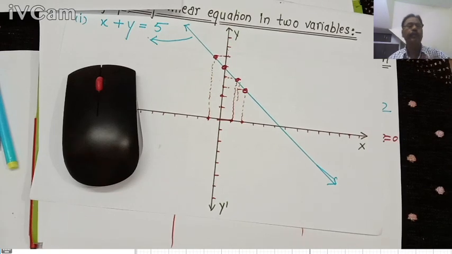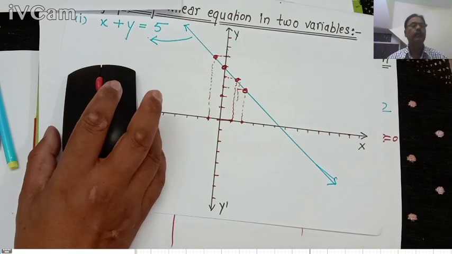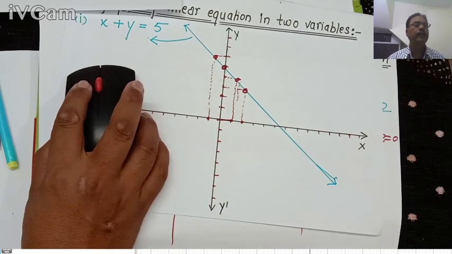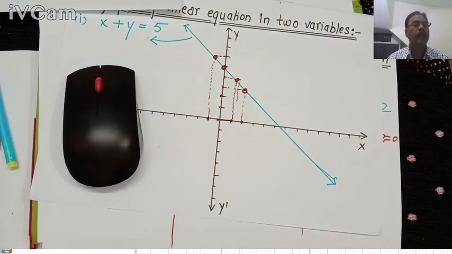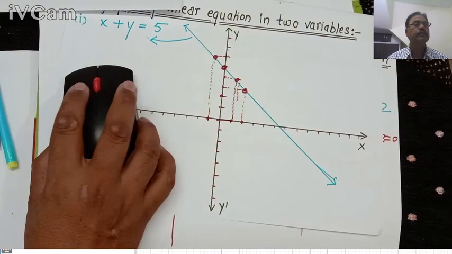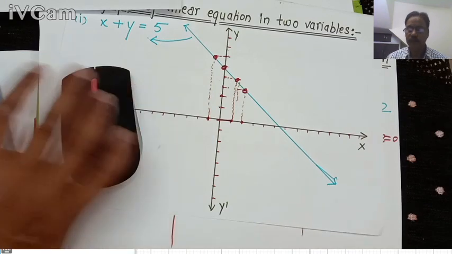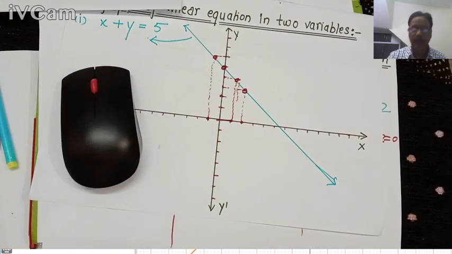In this graph paper, we are going to draw the graph of the linear equation. The first equation I am going to write is x minus y is equal to 2.